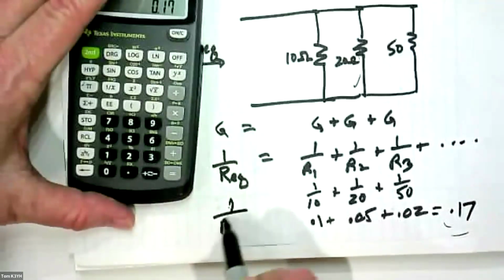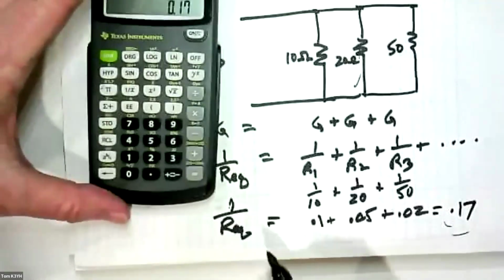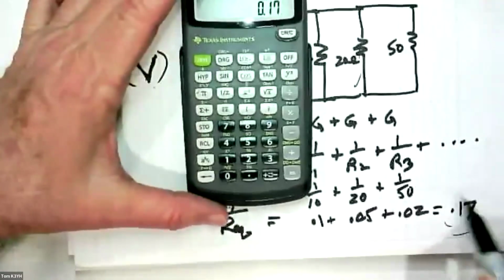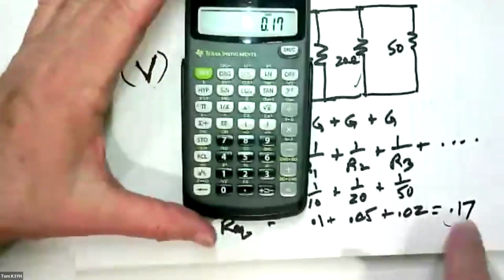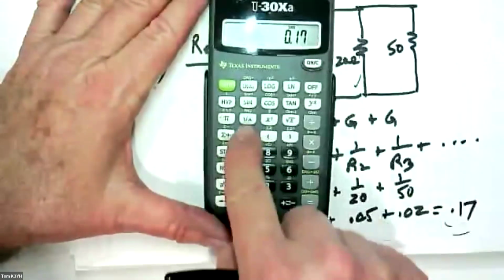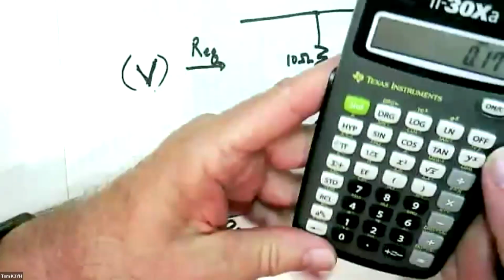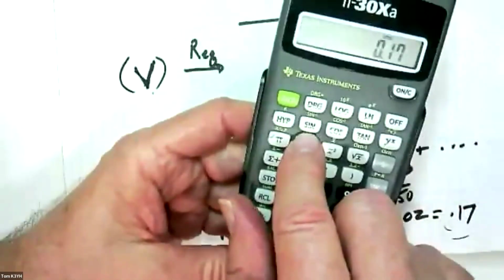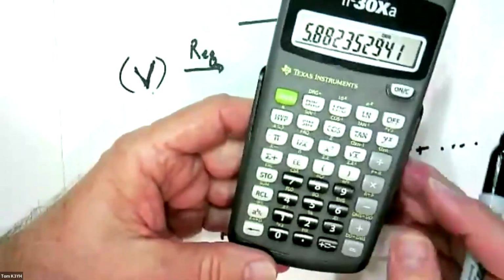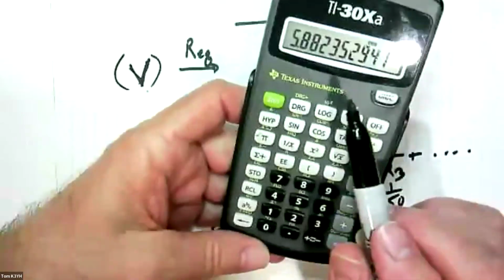But remember that's 1 over R equivalent. That's the conductance. So I've got to do the inverse of that, the inverse of the inverses. So now I've got 0.17. I've got a 1 over X button on my calculator. You see that right there? I'll just do 0.17 and do the 1 over X, and you can see it's like 5.8882 ohms.